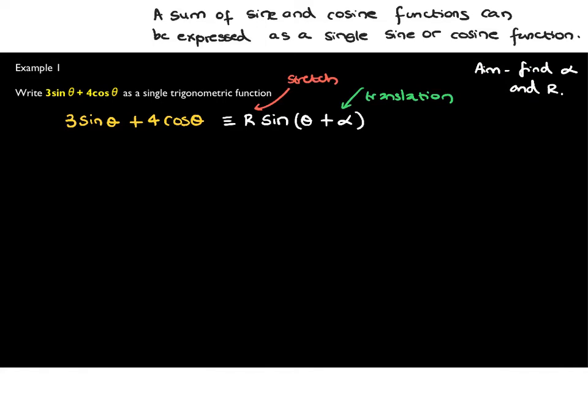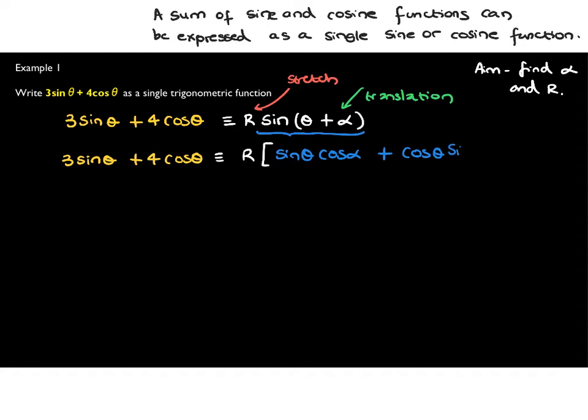Now, we know from a previous lesson that we can make use of the compound angle formula to expand the right-hand side. So 3 sine theta plus 4 cos theta must be equivalent to r multiplied by (sine theta cos alpha plus cos theta sine alpha).